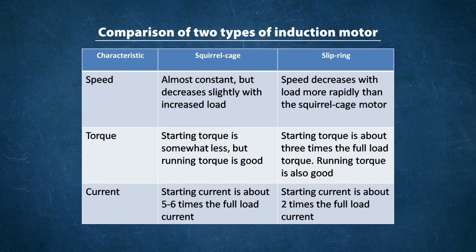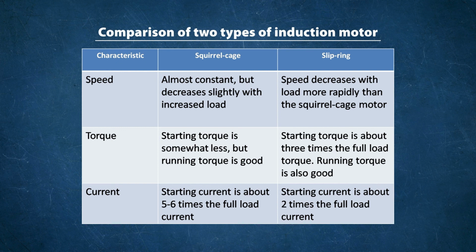However, in the case of the slip ring induction motor, the starting torque is about 3 times the full load torque, but running torque is also good, though not as good as in the case of the squirrel cage induction motor.